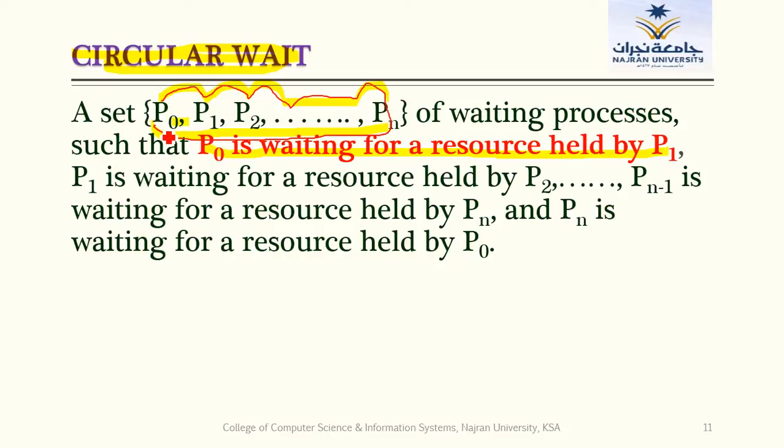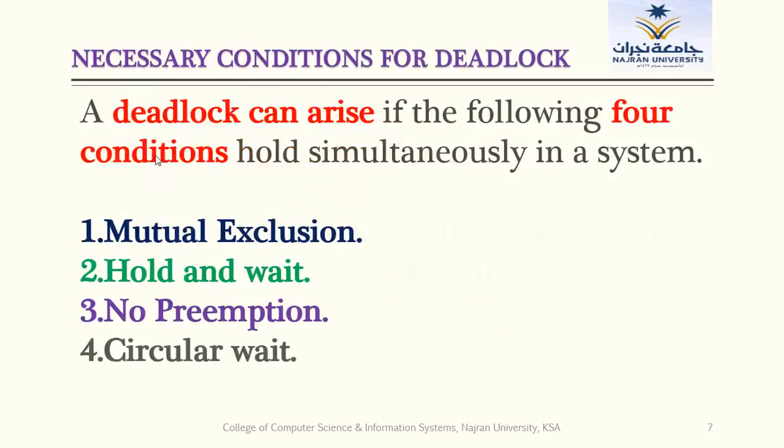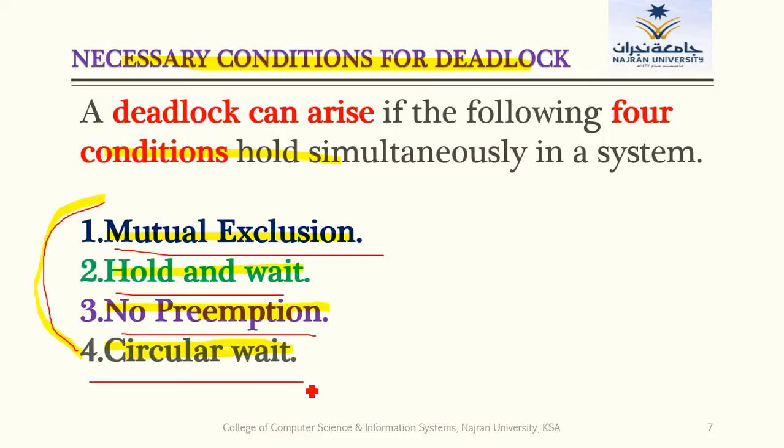All the processes are holding some resource and waiting for another. This is also an important condition for deadlock. So we have 4 main conditions that are very important to check whether deadlock will occur or not: mutual exclusion, hold and wait, no preemption, and circular wait.